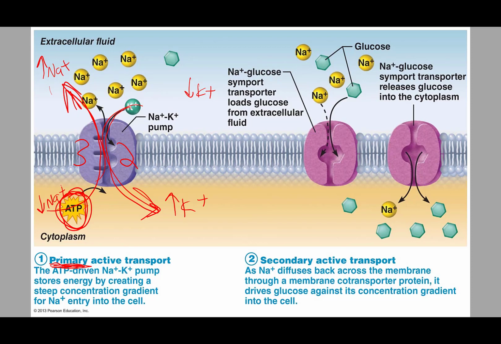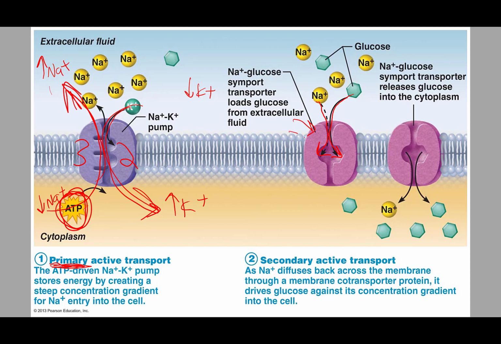Okay, let's look at something called secondary active transport. We said over here on the right side. Here we have a protein, and this protein wants to move glucose into the cell. And the way that it does that is one glucose attaches and one sodium attaches.